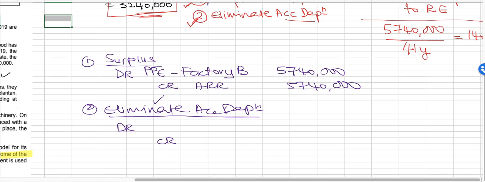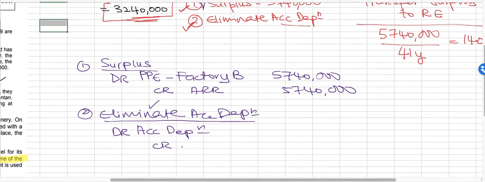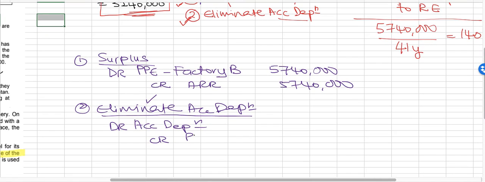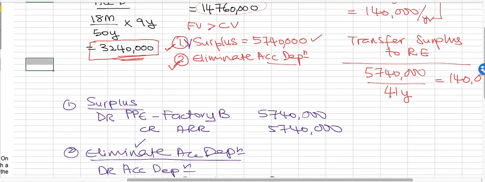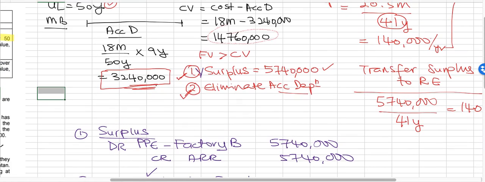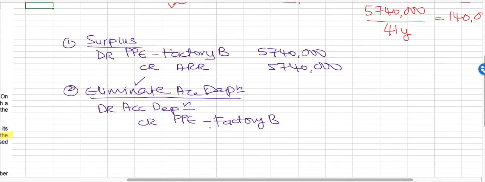But now you want to eliminate, so you have to decrease. Therefore, you will debit accumulated depreciation, and credit the asset, which is the PPE, factory B. The amount that you eliminate is the one that you calculated here, 3240.